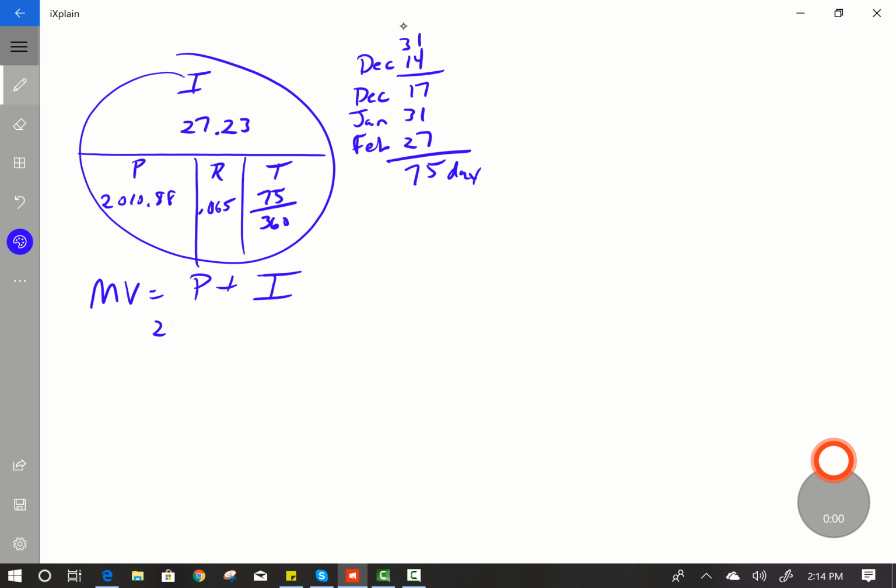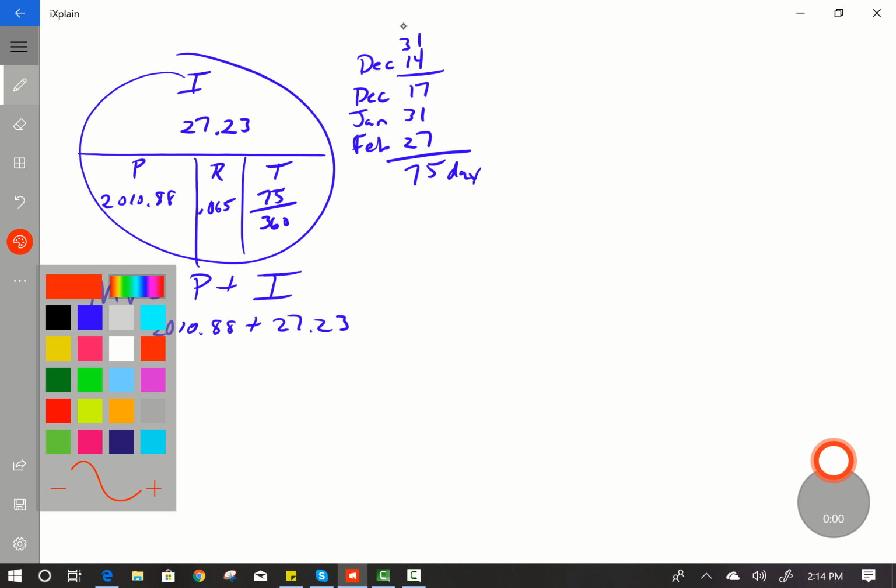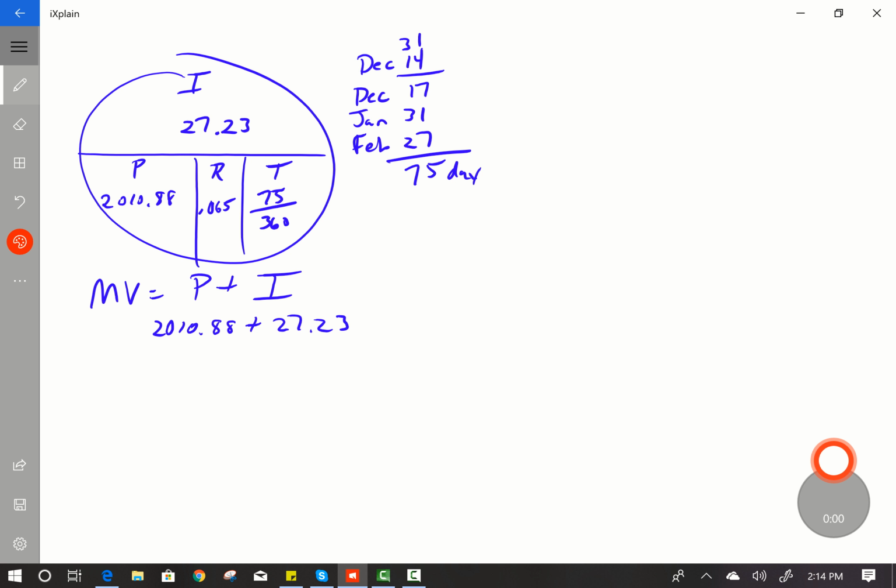That's 2010.88 plus interest of 27.23. That will equal $2038.11. That's the amount of her repayment on February 27th.